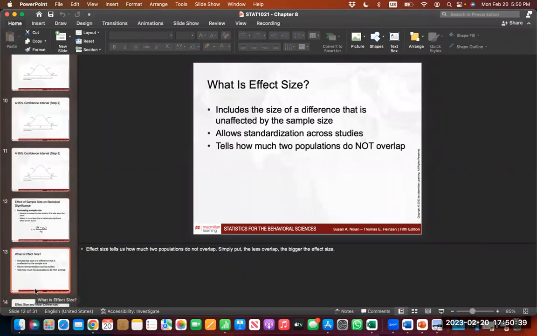Now if you standardize your sample distribution of the means with a standard error of the mean, keeping in mind the standard error of the mean is the standard deviation divided by the square root of the sample size, the problem you have is that, since you have the square root of the sample size in the denominator, the estimate of the standard error of the mean is strongly dependent on the sample size. So you don't want that essentially.